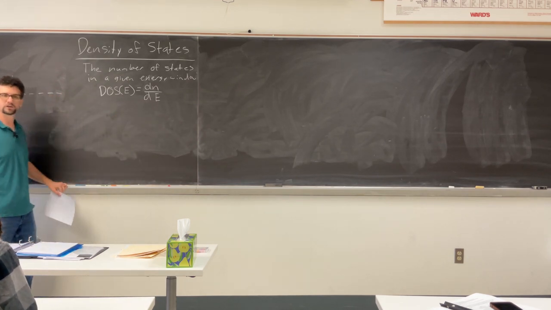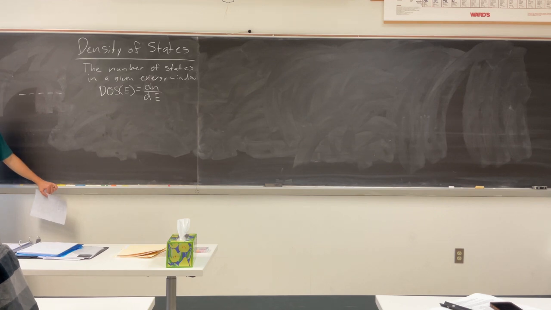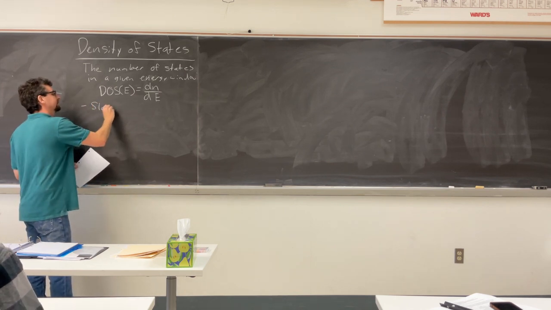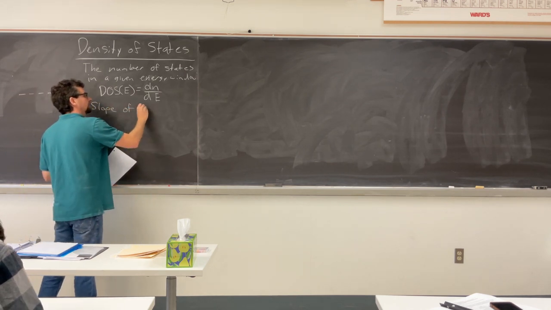You see a differential. In calculus, what is a differential? Derivatives, yep. Slope. That's the part I want. So what this actually is, is a slope of the band structure.